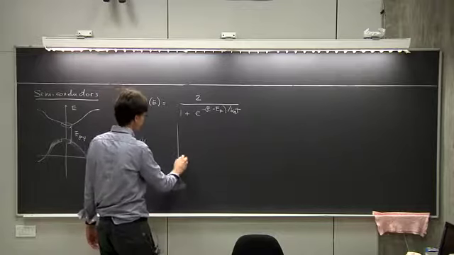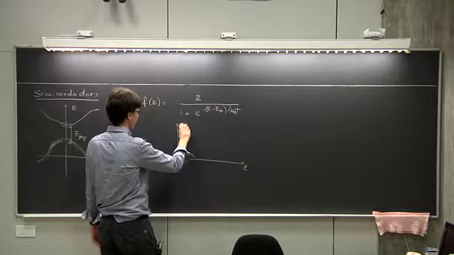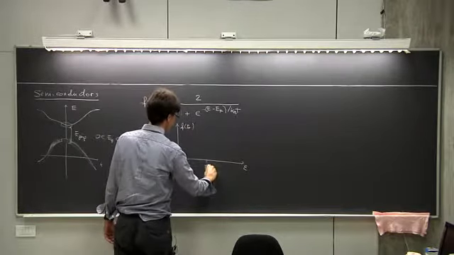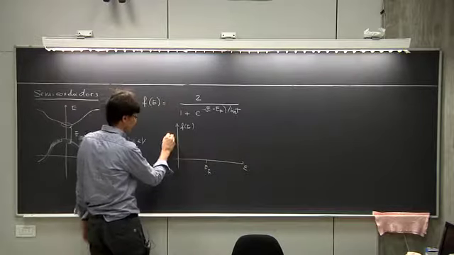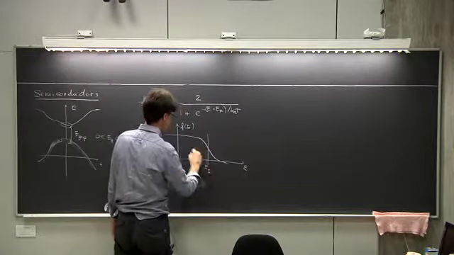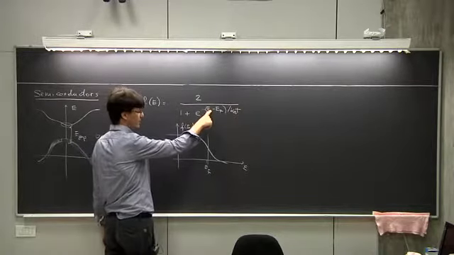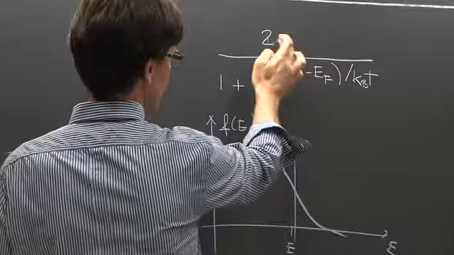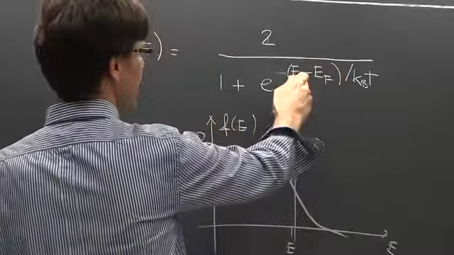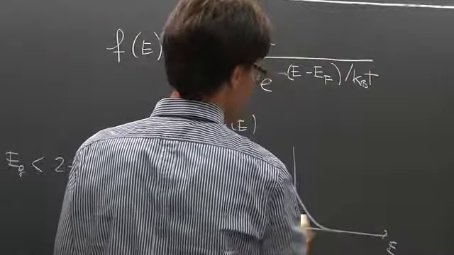So once again, if you have energy here, EF here, this is the Fermi energy. This distribution states that for E going to minus infinity, the exponential is negligible, so the function has value 2. For E going to infinity, this exponential diverges, so the function goes to 0 exponentially.